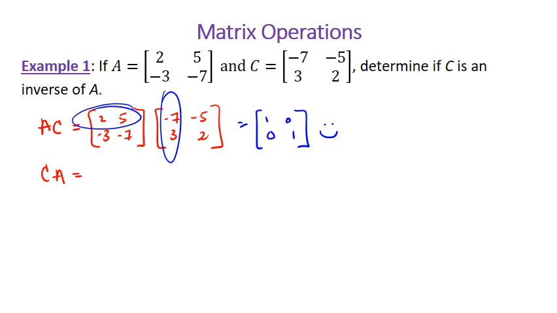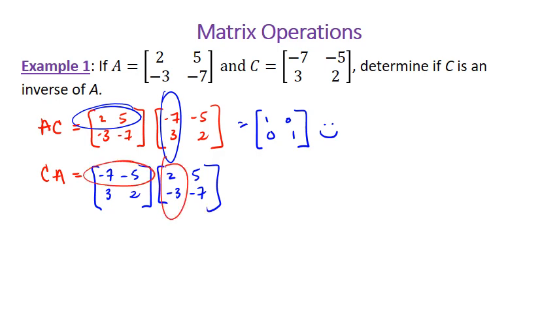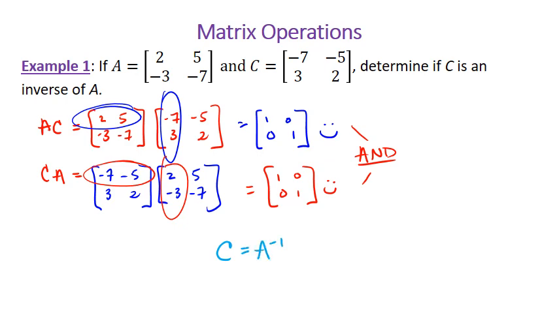So let's do the same type of thing and find C times A. When we find C times A, set up in this way, we take the rows times the columns, and if you do this algebra, you will in fact get the identity matrix once again. Since both of these are true, then we can conclude that C is the inverse of A.